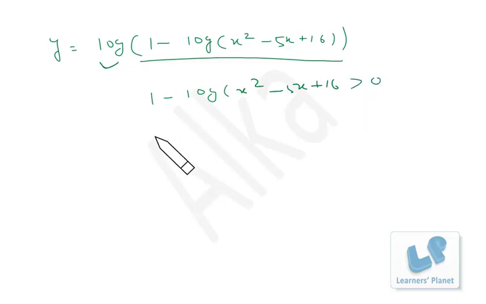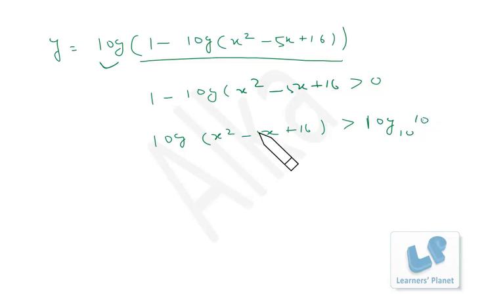Okay, that means I can say log of x square minus 5x plus 16 should be greater than 1, right? So now 1 can be written as log 10 to the base 10. Here I am assuming the base is 10, since this is arithmetic calculation.